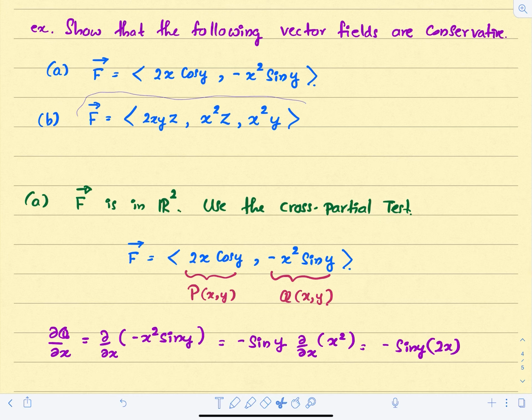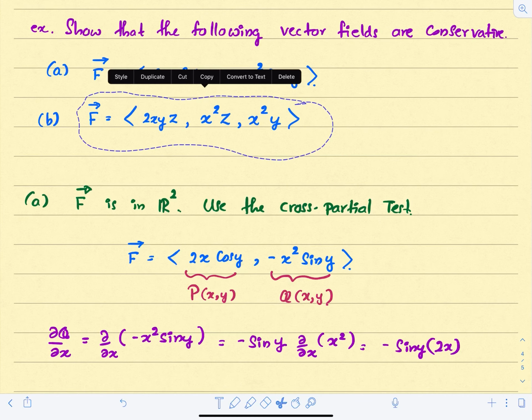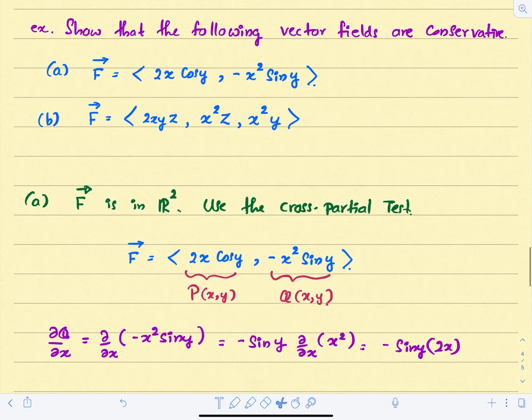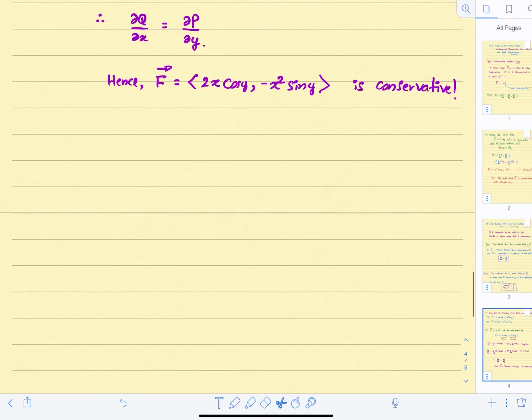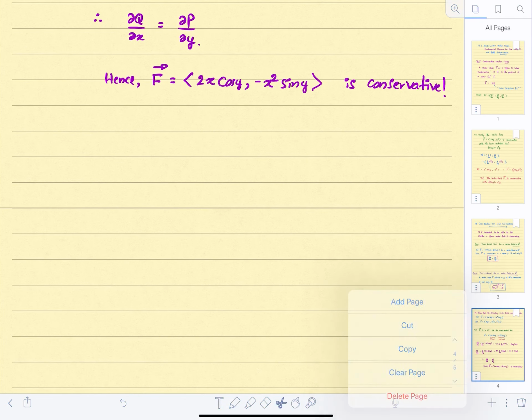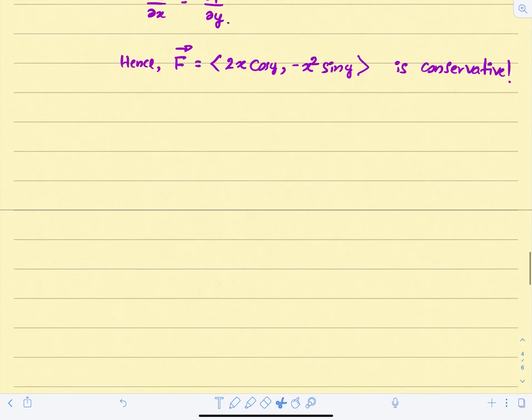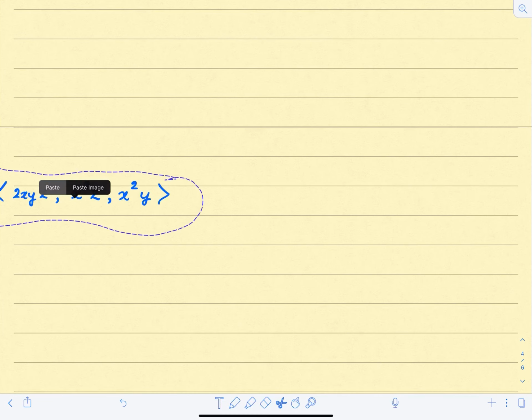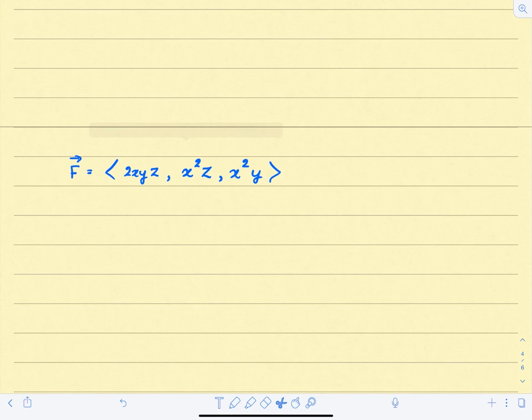Okay, now let's do part B. In part B, we have a vector field in R3. This is part B. So F is in R3, three-dimensional space.